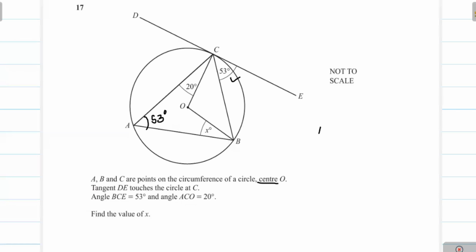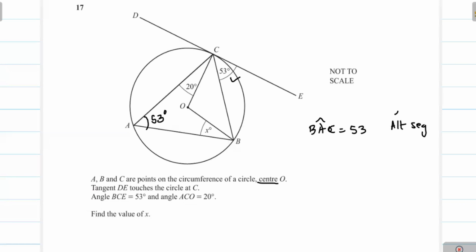And we write here the angle BAC is equal to 53 degrees because of the angle in the alternate segment. We write angles in alternate segments are equal. This is the property. Now you see here the angle at the center COB will be equal to 2 times the angle at the circumference.